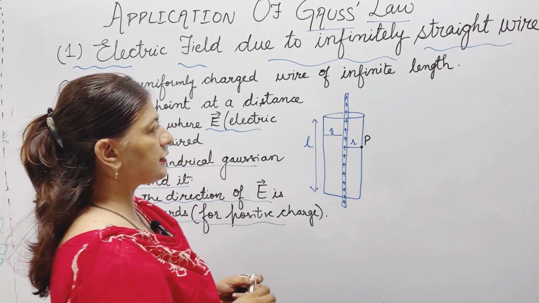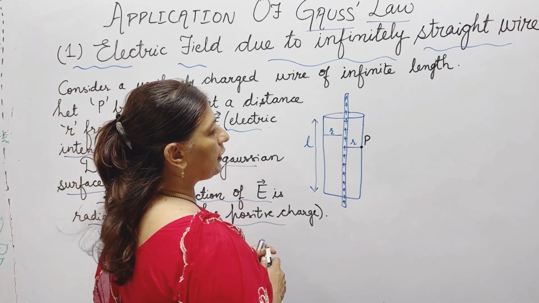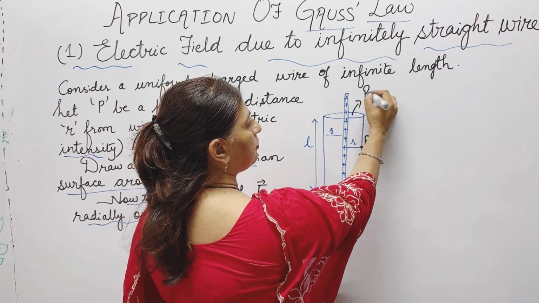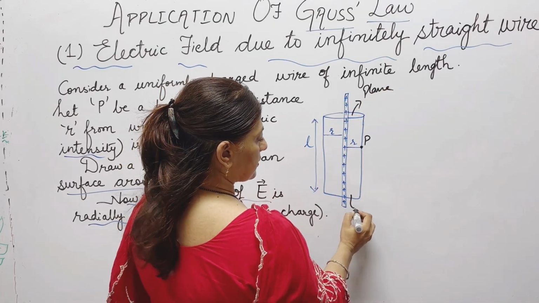Now if we see this Gaussian surface, it can be divided into three parts. One of them is this plane, another is the other plane.